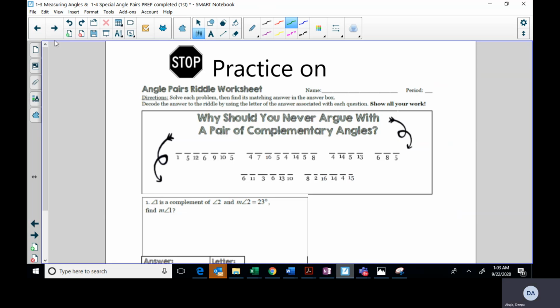So next. If angle 1 is a complement of angle 2, and the measure of angle 2 is 23, how do you find out the measure of angle 1? What setup will you use here? You will use angle 1 plus angle 2 is equal to 90 degrees.